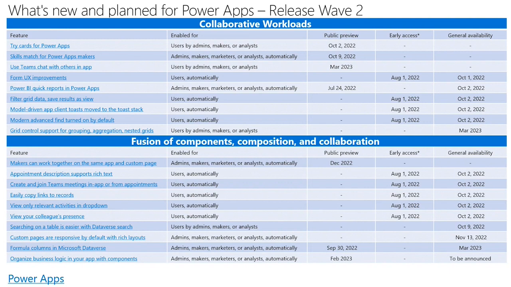Many of these were turned on back in October when it was rolled out, but some of these are still coming either in a public preview fashion or general availability in February, March. So all the dates are there, so you can take a look at those features as well as looking at the new 2023 Wave 1 features.